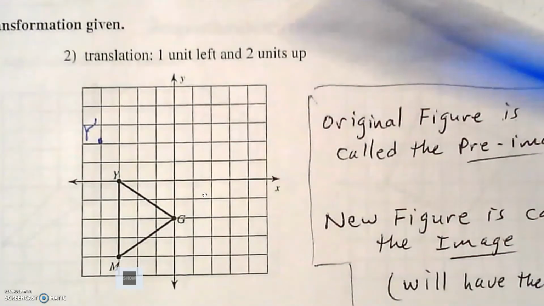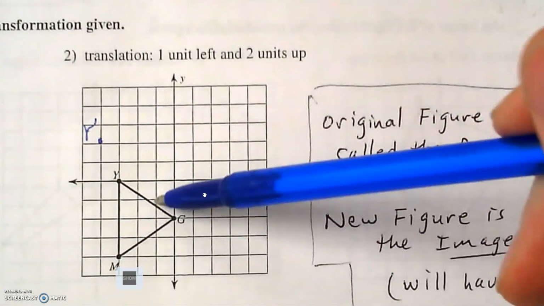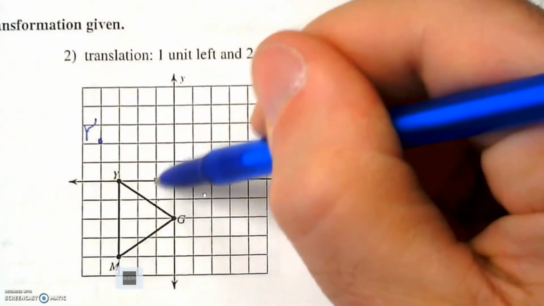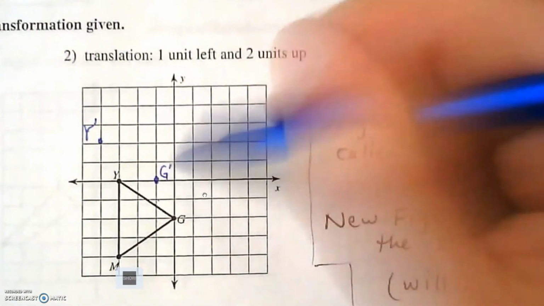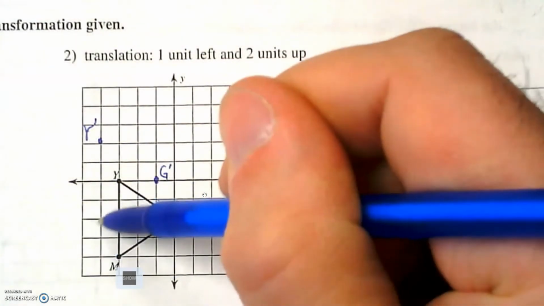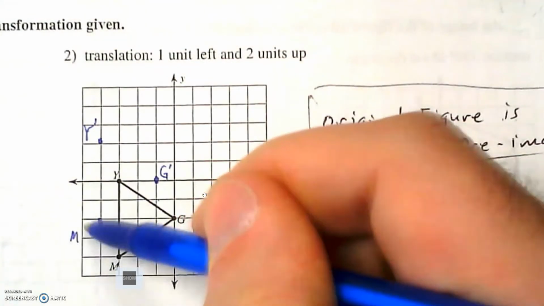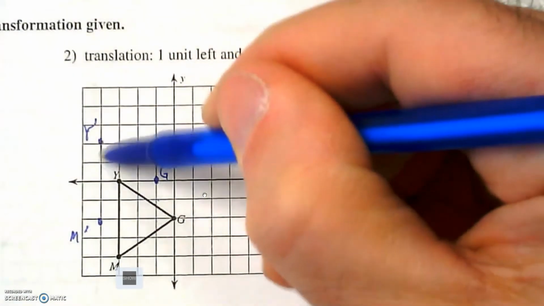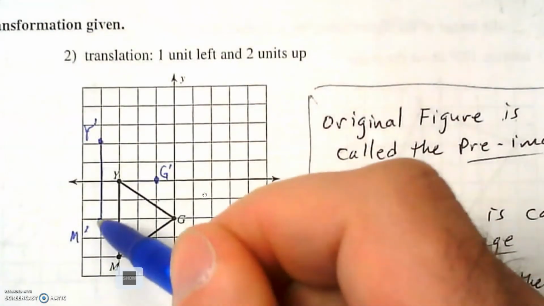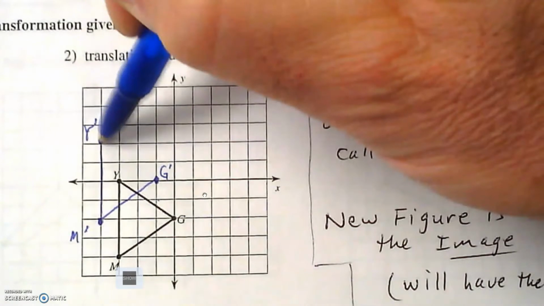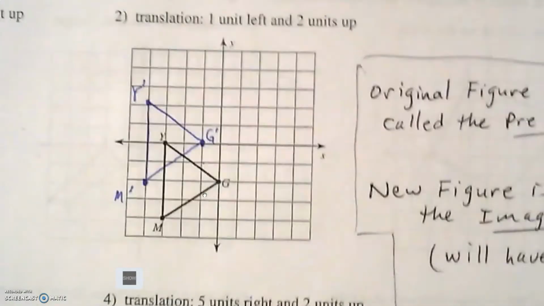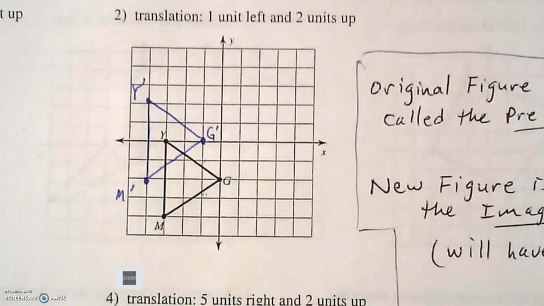And the same with G. 1 unit left, 2 units up. G prime will sit right there on the x-axis. And point M, 1 unit left, 2 units up. Label it M prime. Connect to form. Now they may overlap, that's okay. It is the exact same size, the exact same shape, and we did a translation.